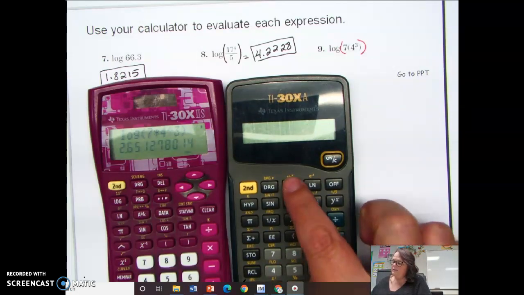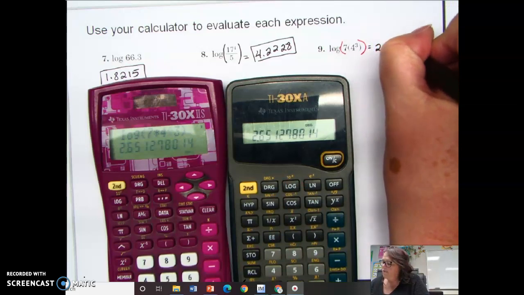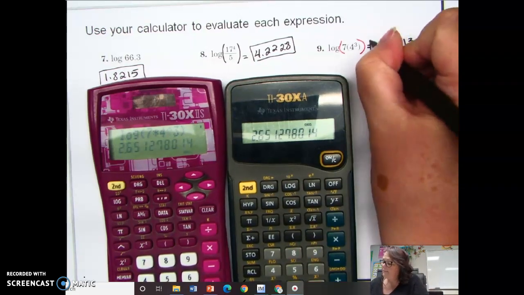Then we take the log, and you'll notice they both match at 2.651, and then I'm going to round that to 2.65.